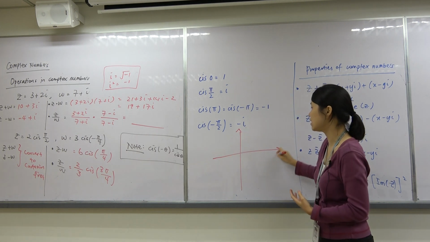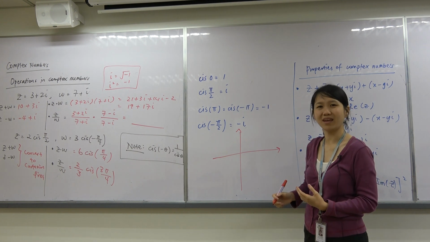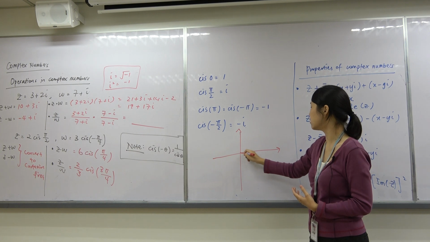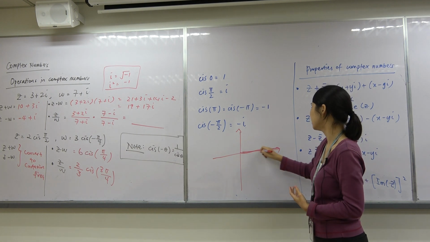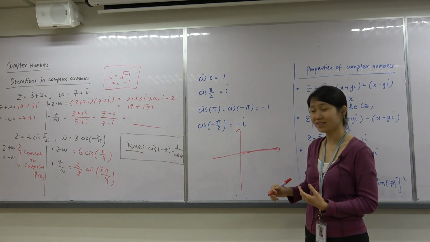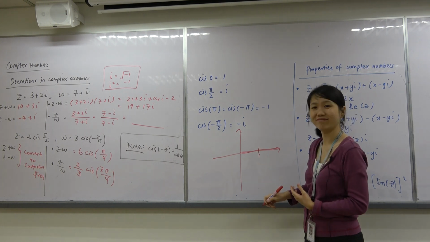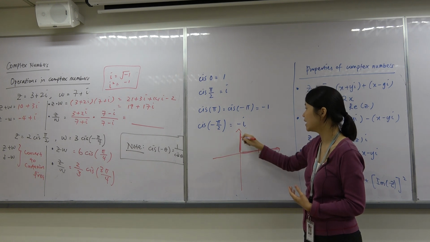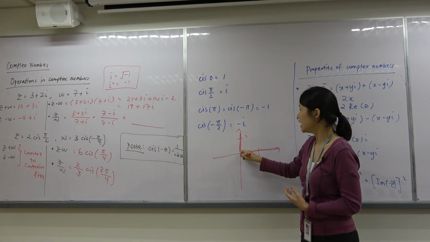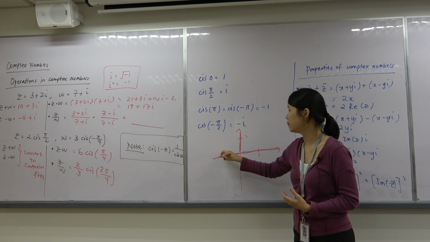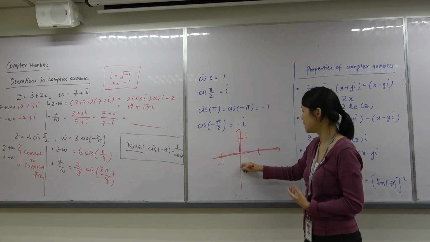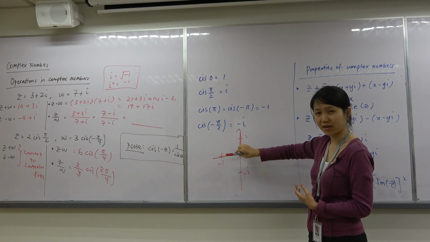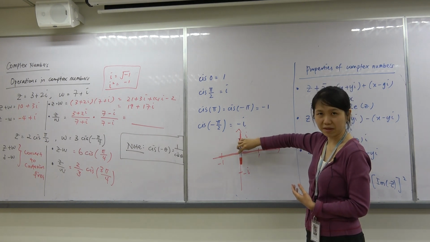You can always draw it in a diagram, and this way it will help you to remember these 4 equations. The positive x-axis has the real part of z, so I call this 1. This has an angle of pi over 2, and that is the imaginary part, and this is i. This is the negative side of my real part, hence I call this negative 1, and that would simply give me negative i. Horizontal is my real axis, vertical is my imaginary axis.